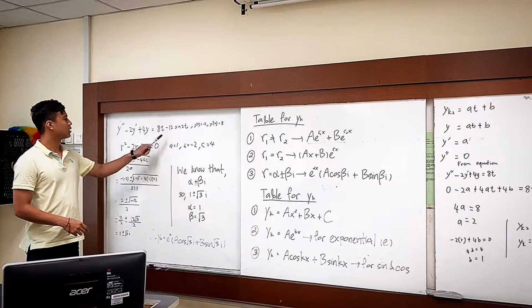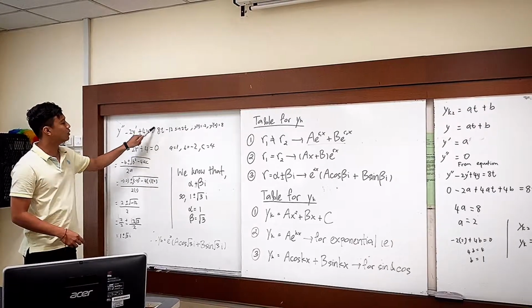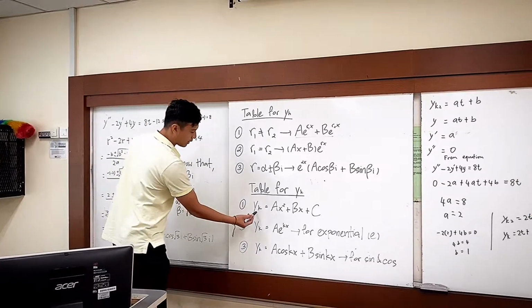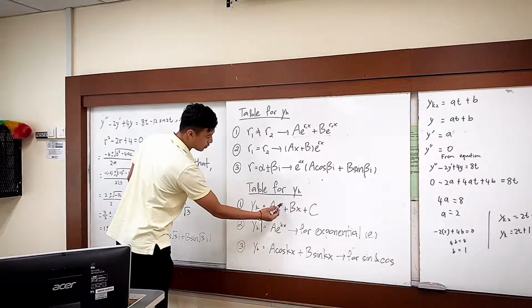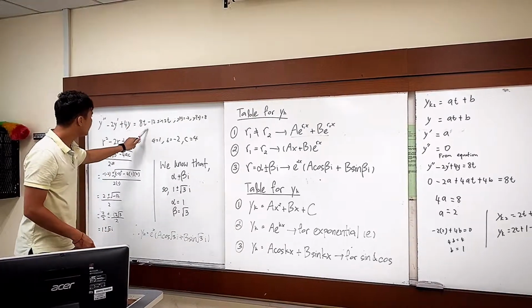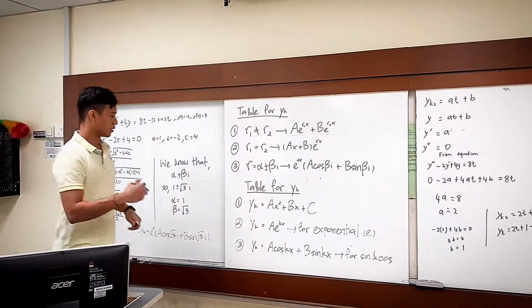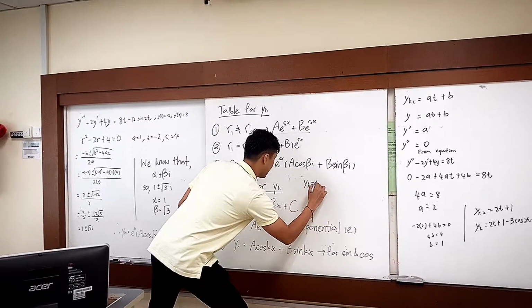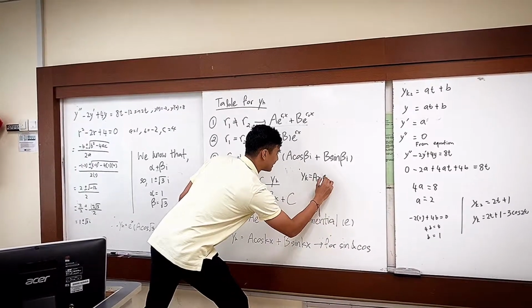Okay, now we are looking for YK2. Here is the YK2, 8t. We know that YK equals ax squared plus bx plus c, but our t here doesn't have a power, meaning that our YK equals ax plus b.